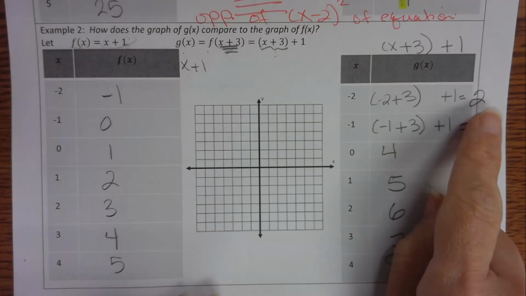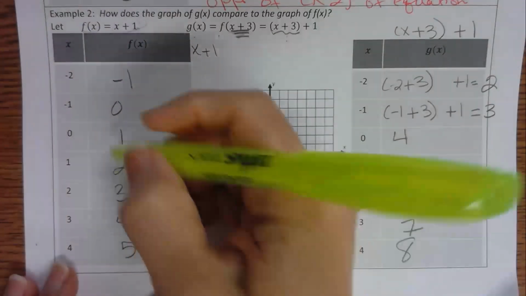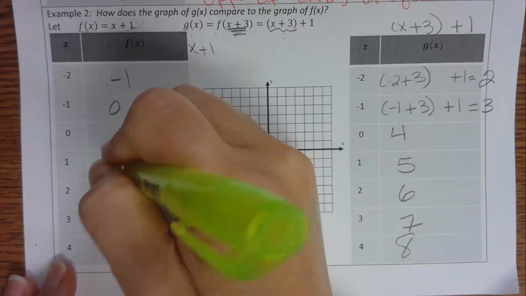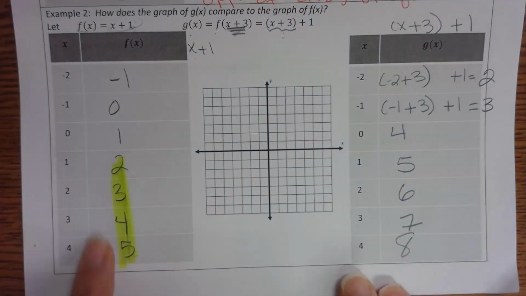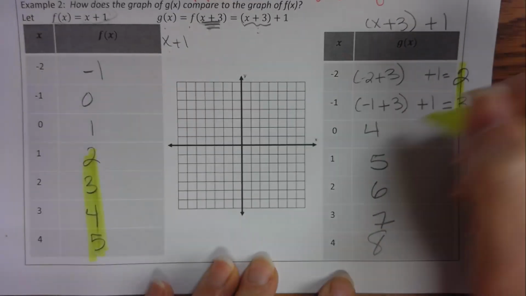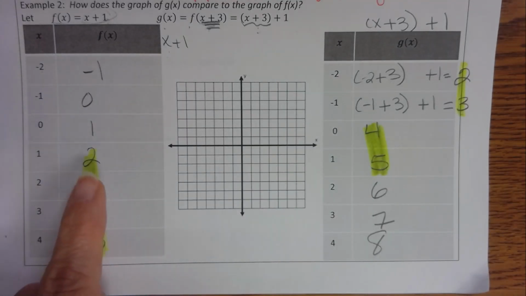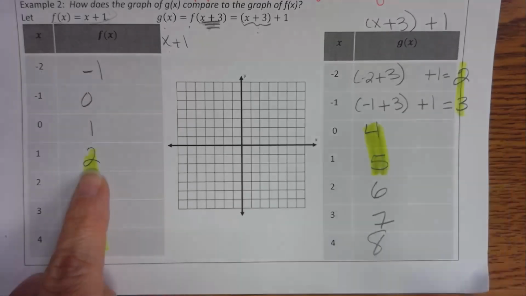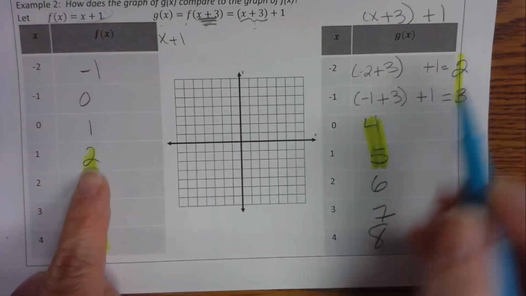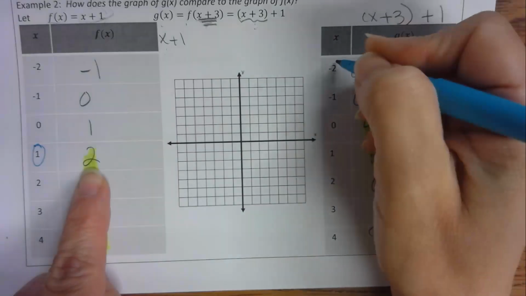It looks like I start at 2 here, so we're going to look at 2, 3, 4, 5 in the original function because I have exactly the same points here. 2, 3, 4, 5. And let's look at what happened to the corresponding x values. Same y value, okay, that x went from 1 to -2.